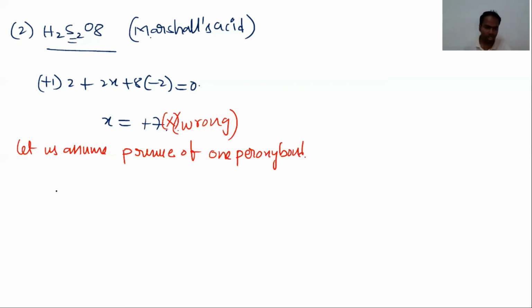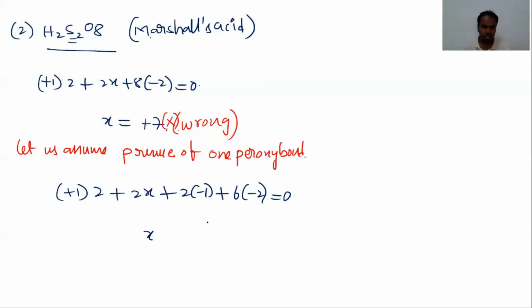So out of 8 oxygens, 2 are involved in the peroxy bond. For the hydrogens, +1 into 2. 2 sulfurs, 2X. Out of 8, 2 oxygens are -1. The remaining 6 oxygens are -2, equal to 0. +2 and -2 get cancelled, then X is equal to +6. So this is correct.